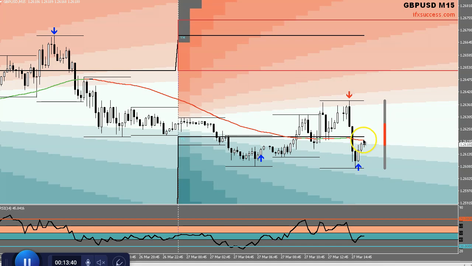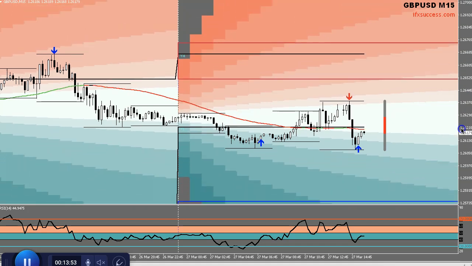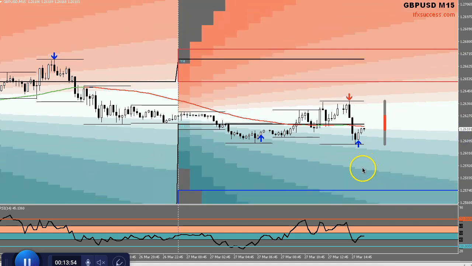If I don't see that it's going to break and I see it's really hard to break, then I would have to decide whether I get out or I would just re-enter again, make a second entry somewhere lower, right? You can say, well, if it hits this level, I will make a second entry, or if it touches this line right here within this blue box and this level, then I will make a second entry so I can average out my entries, okay?